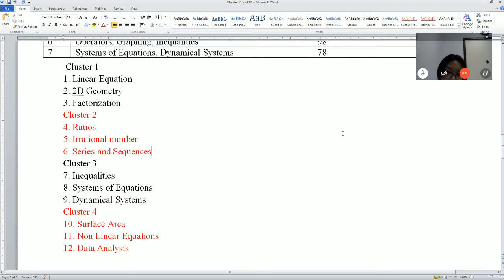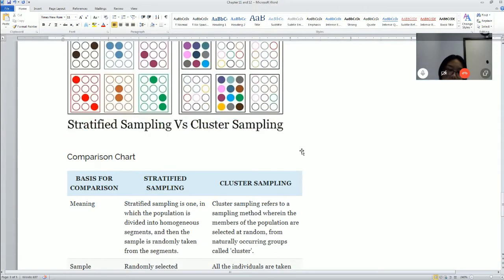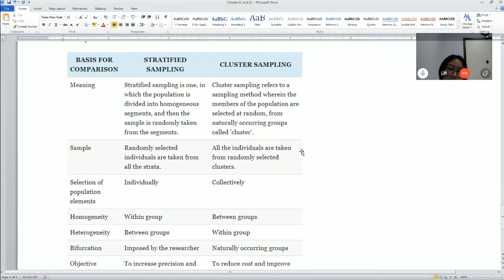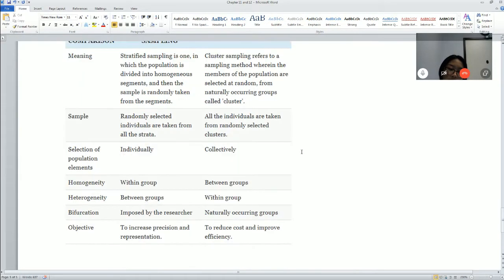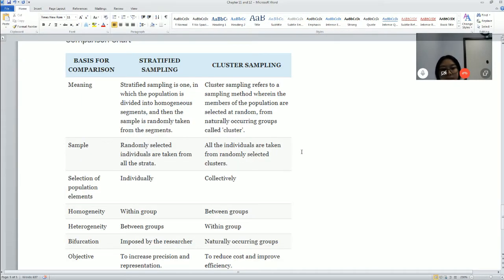Okay. Now, if that still doesn't make sense, this is the basic comparison of the two. The strata sampling is individually, but the clusters collectively.